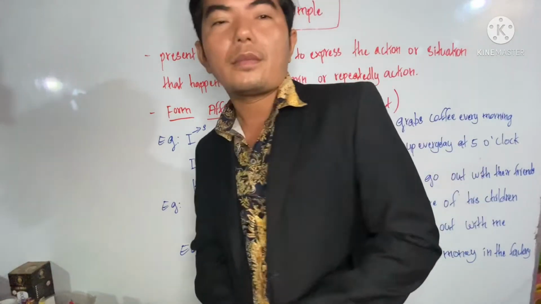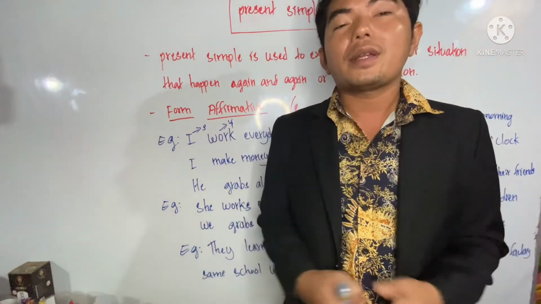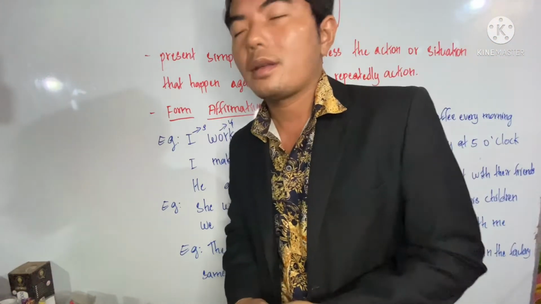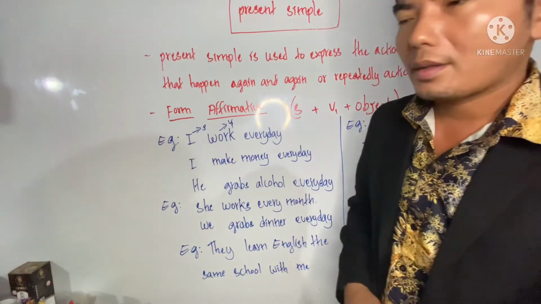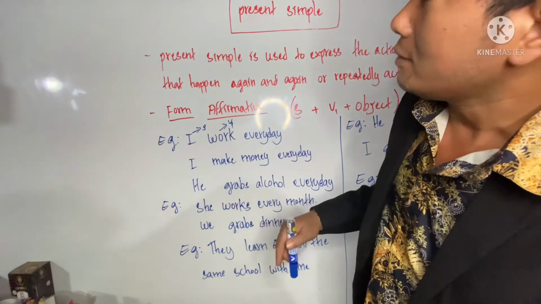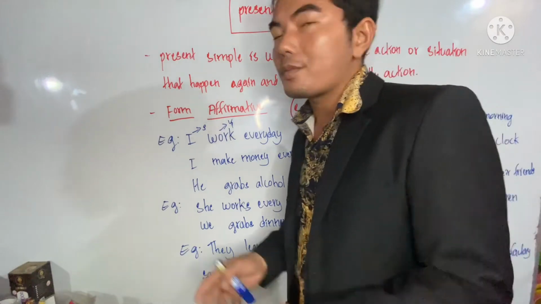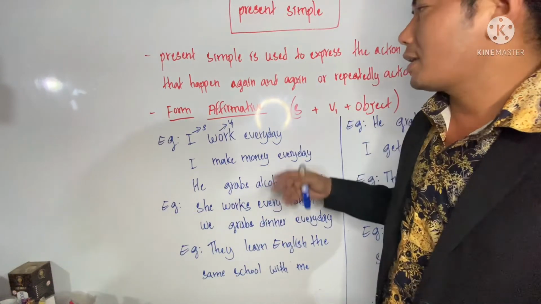So I hope you understand exactly, or know exactly, about the grammar, about present simple. You've got to remember present simple. What's the definition? Present simple is used to express an action or situation that happens again and again.